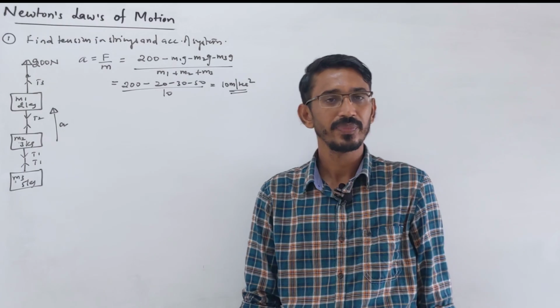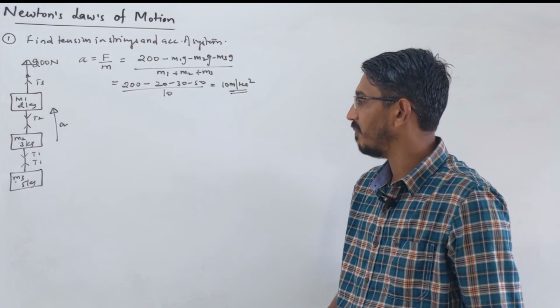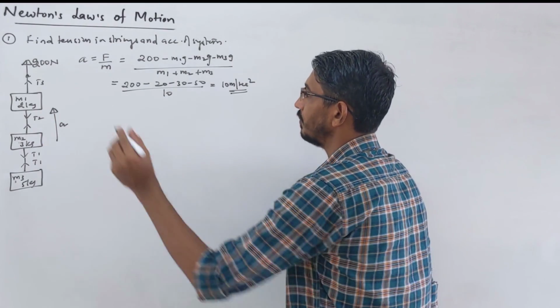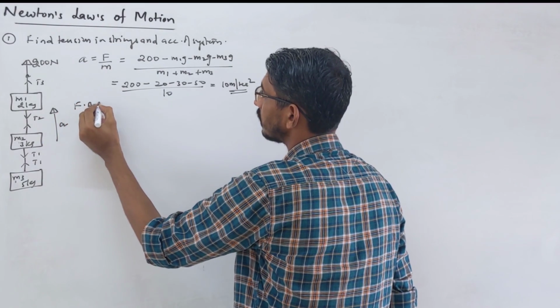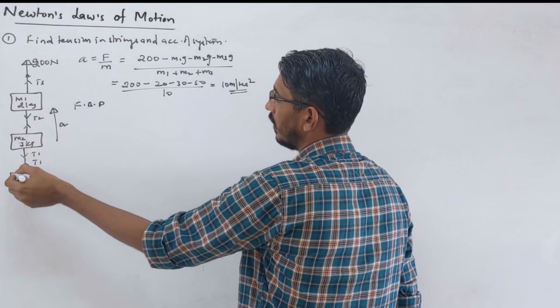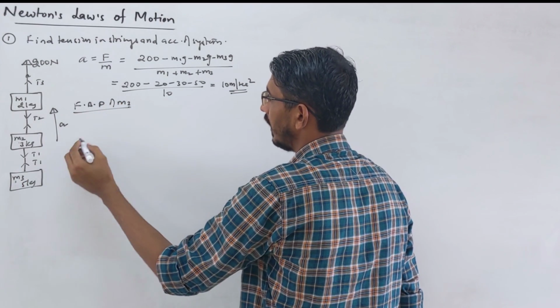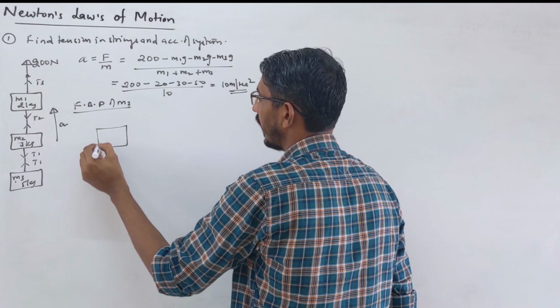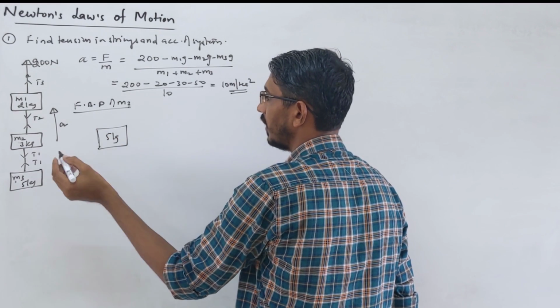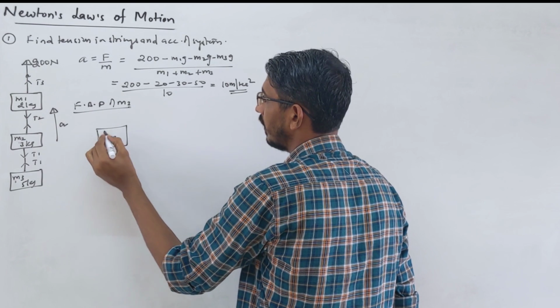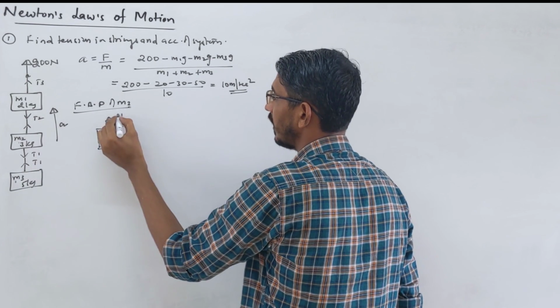That's the acceleration of this system first. Now we have to find tension, so you have to take FBD. We will take FBD of this body first because T1 is the only unknown. So FBD of which body? Third mass, M3, your 5 kg body. So let's cut and put the 5 kg body here. Just write M3. Upward force acting is T1.